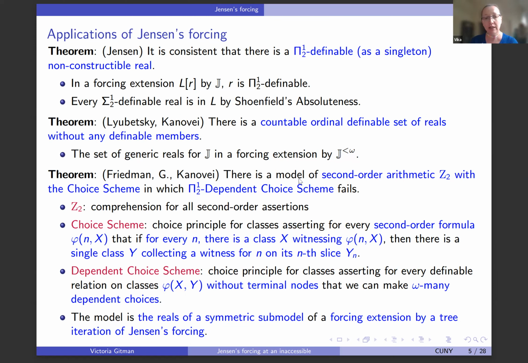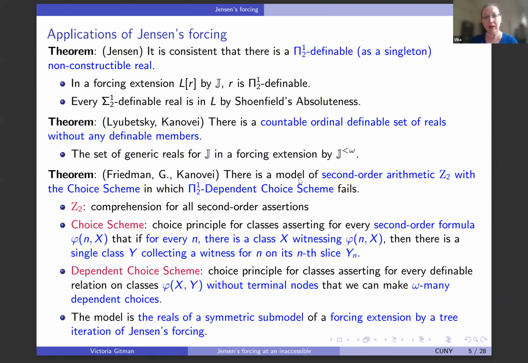And what we did was we constructed a model satisfying the statement of the theorem as the reals of a symmetric submodel of a forcing extension by a tree iteration of Jensen's forcing. And I will tell you what a tree iteration is later. And so we submitted the paper.